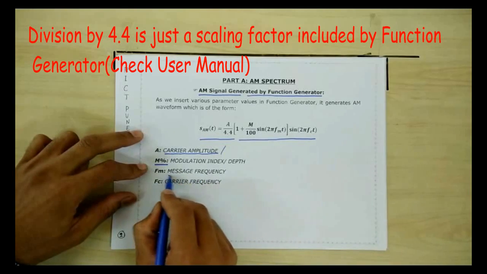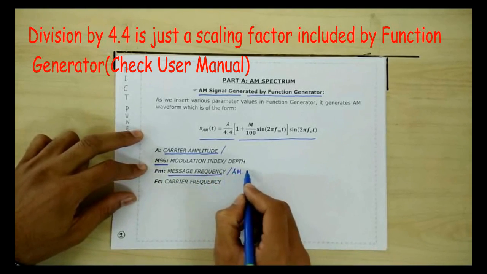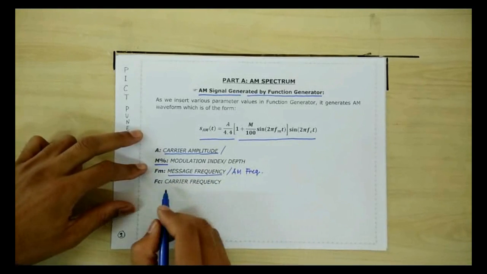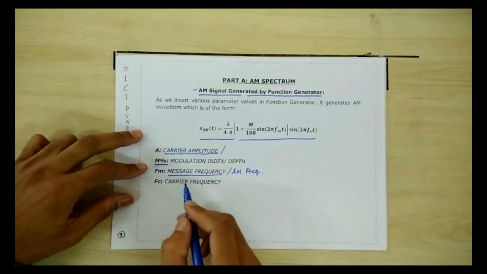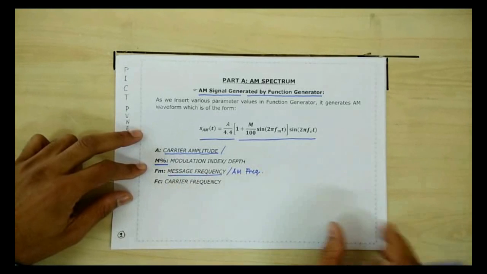Fm is the message, or we also call it AM frequency, and Fc is the carrier frequency. So these are the parameters that we are going to give in the function generator.